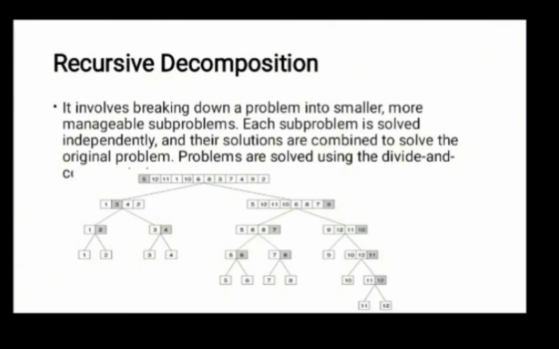So the pivot element, which is 5, precedes all the elements that are on the right. That's why you can see on your left you have all the elements that are less than 5, and the pivot element precedes all the elements that are greater than or equal to 5.